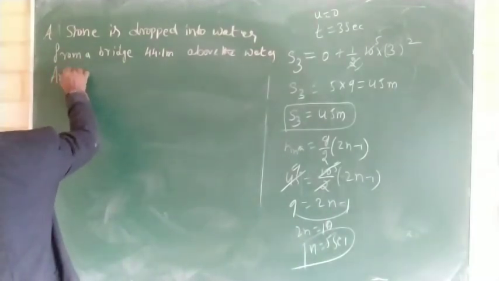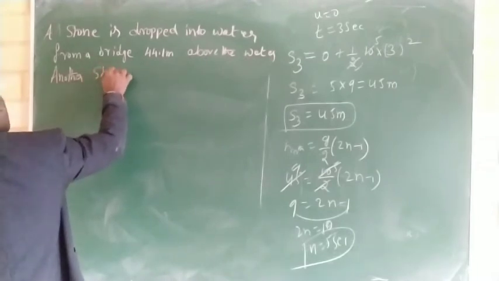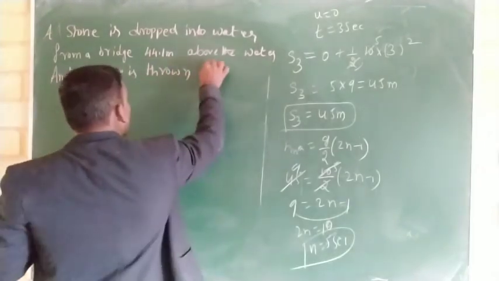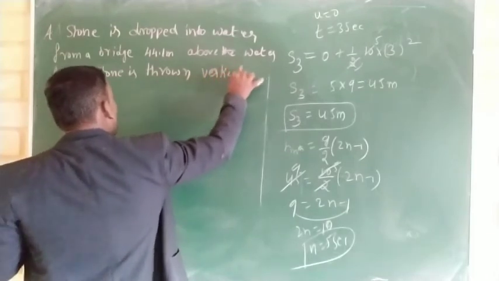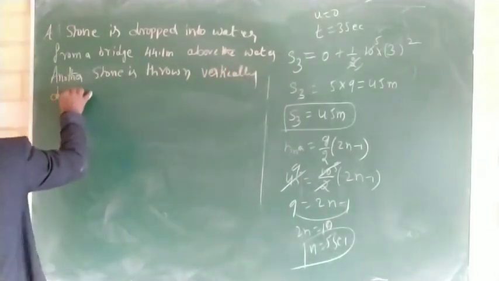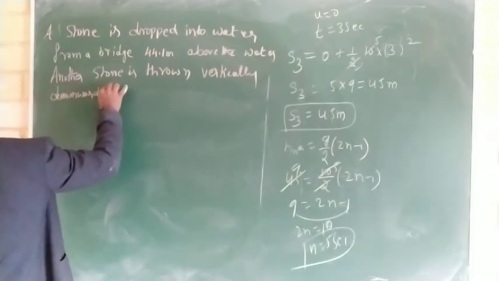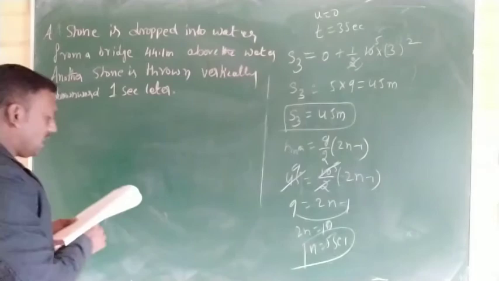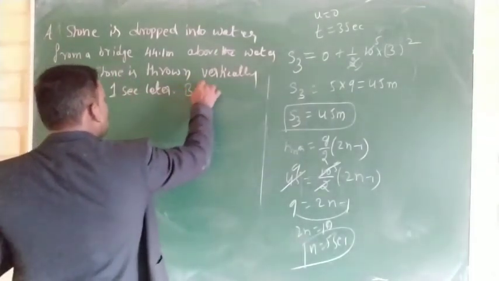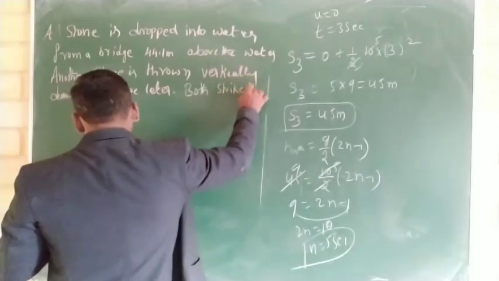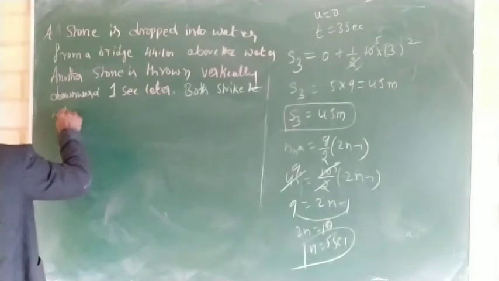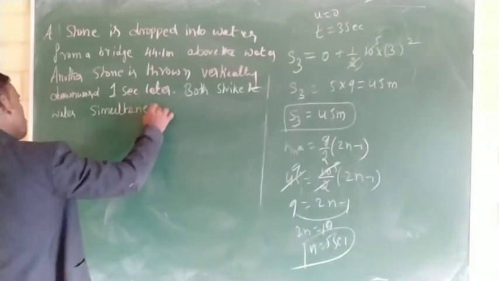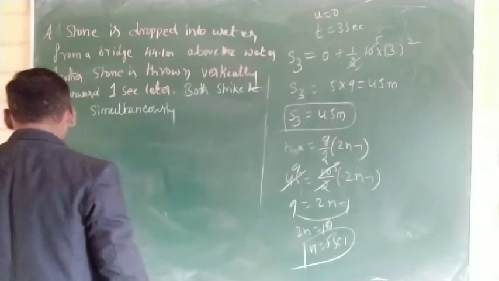Another stone is thrown vertically downwards, and both strike the water simultaneously. What is the initial speed of the second stone?